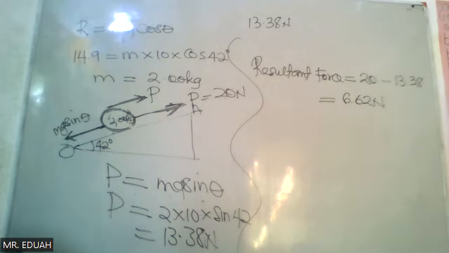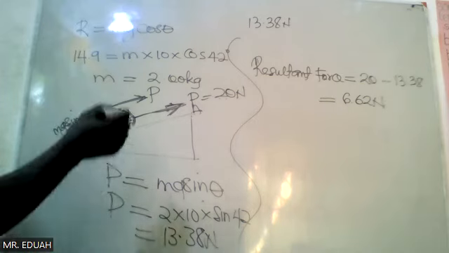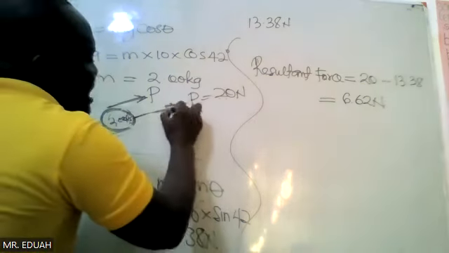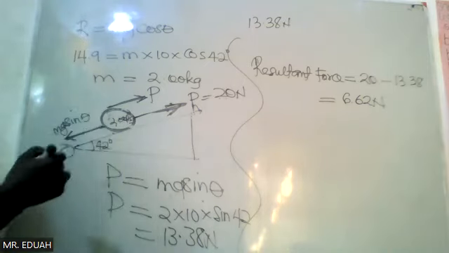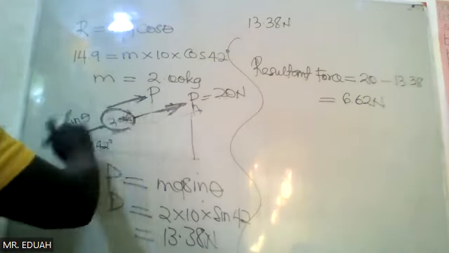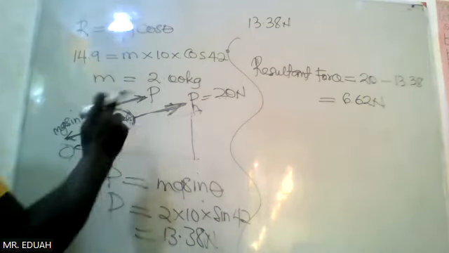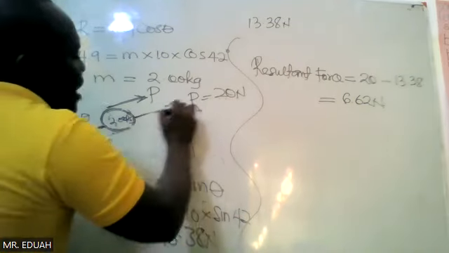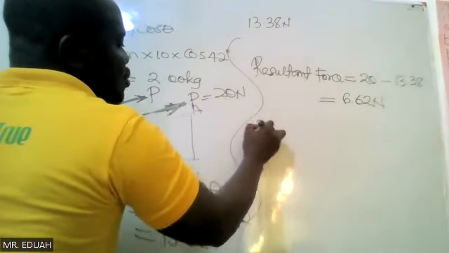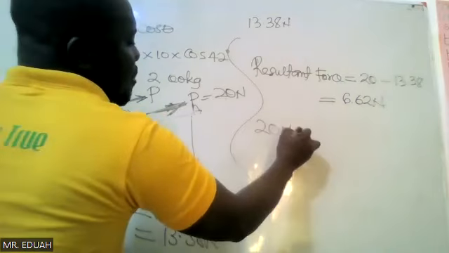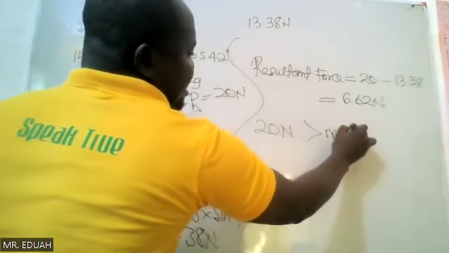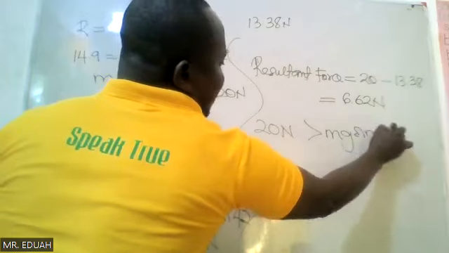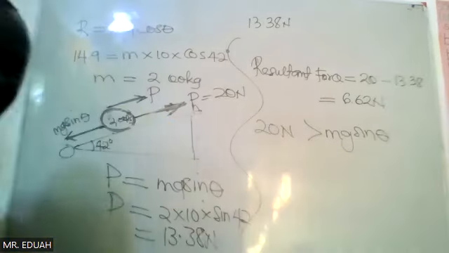So if this is being pulled up the plane by this force, calculate the resultant. It's like a force pulling it and another opposing it. So the difference between them. For this to move up the plane, the 20 Newton force must be greater than mg sine theta, which we calculated as 13.38.